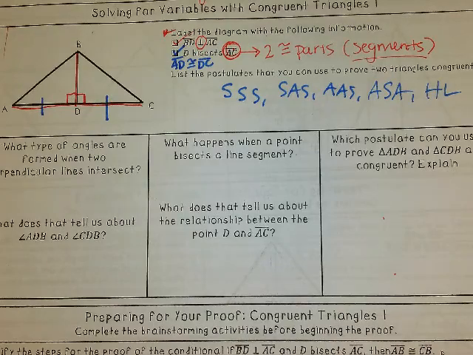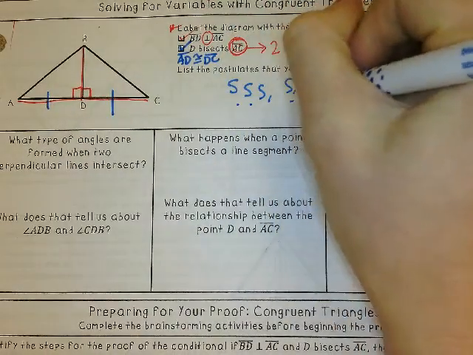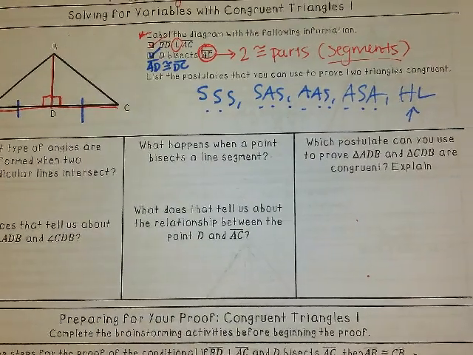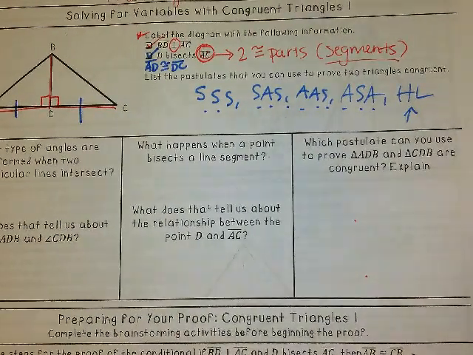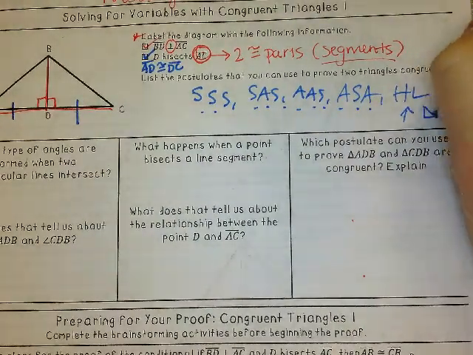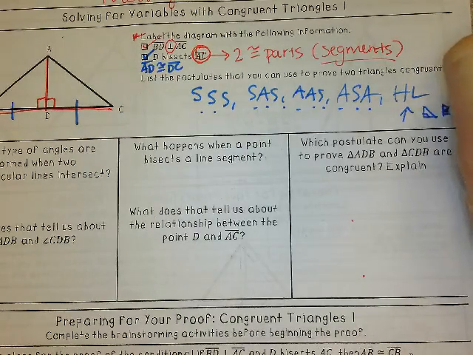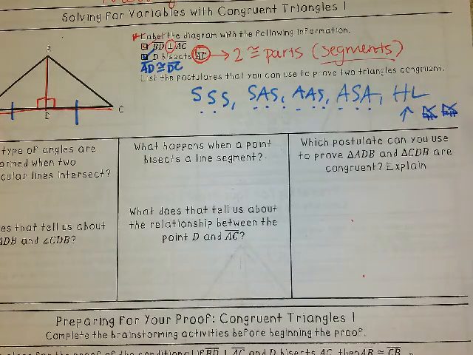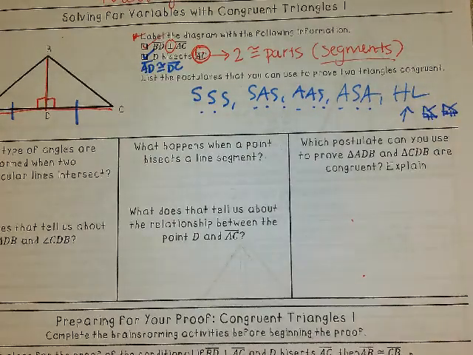All of these have three parts to prove that two triangles are congruent. Hypotenuse-leg is a different one. You only need two parts, but that's because if you have a congruent hypotenuse and a leg, it forces the other pair of legs to be congruent because of a squared plus b squared equals c squared.